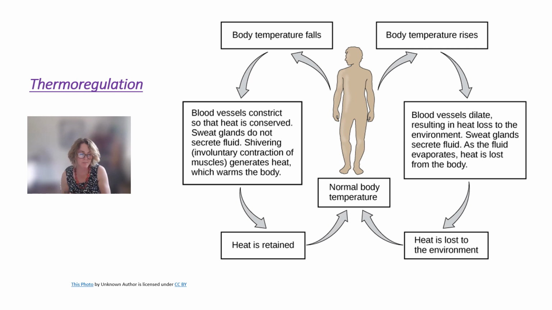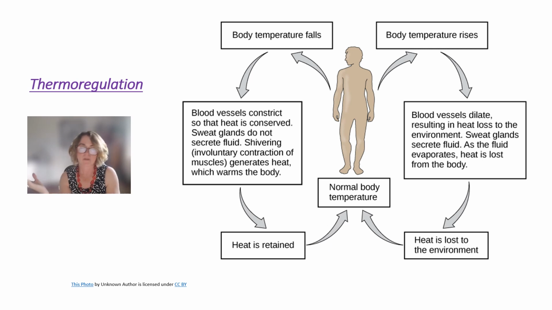Okay, so the last piece we're going to talk about is how the body regulates its temperature. So the body is in a constant state of keeping itself at equilibrium, so homeostasis. And so the body is going to try to regulate our temperature so that we don't get too hot or too cold. Right? We want to stay right in that sweet spot for our temperature.